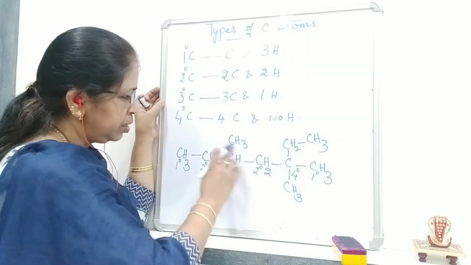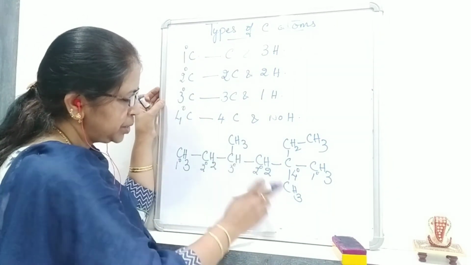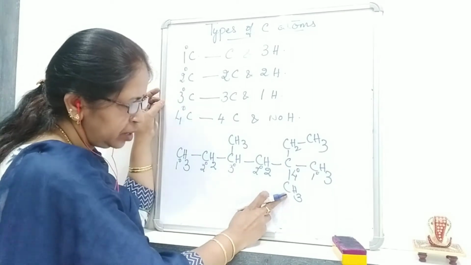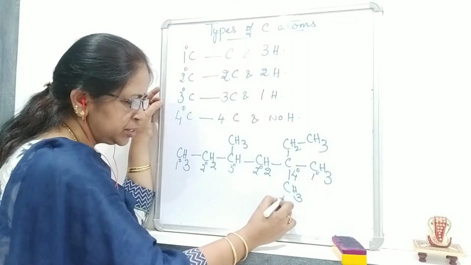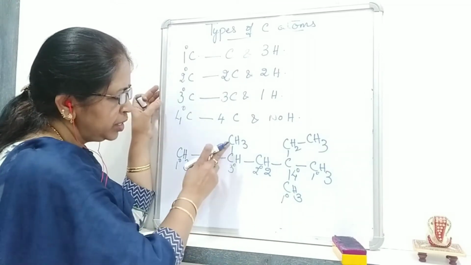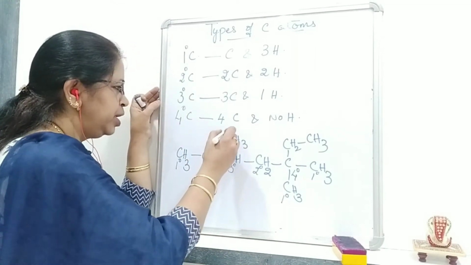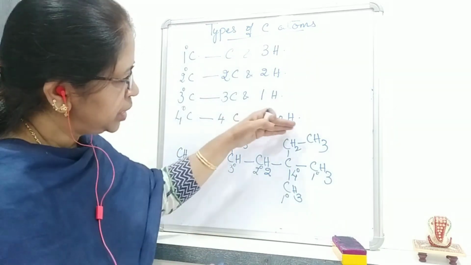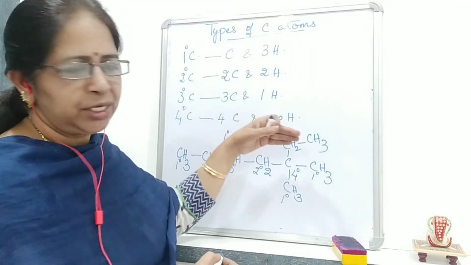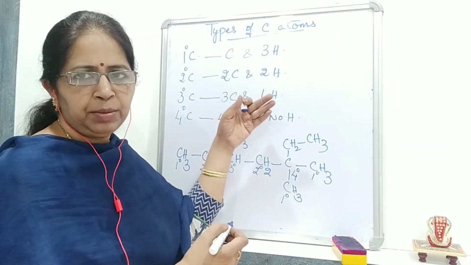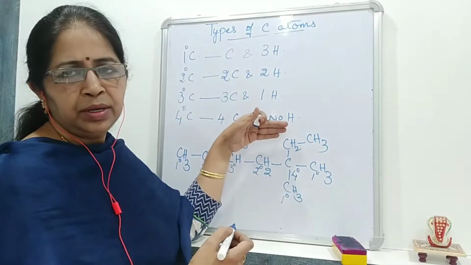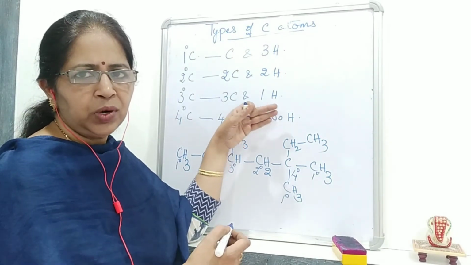Now coming to the branches. If this is one methyl group, this methyl group is attached to only one carbon atom, so it is also a primary carbon. And this methyl group is also a primary carbon. Coming to this ethyl chain, it is not a side chain actually; if we see the nomenclature, this comes in the main skeletal chain only.